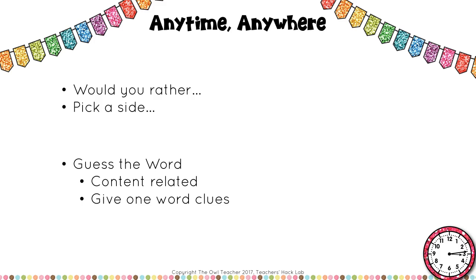So just simple choices, and then they have to explain why. The same thing with pick a side, except it's a little bit more debatable. So pick a side. Would you be on the North's side for the Civil War, or would you be on the South side for the Civil War? And of course, they have to have some background knowledge. Would you rather is more just general based, whereas pick a side is more content based.